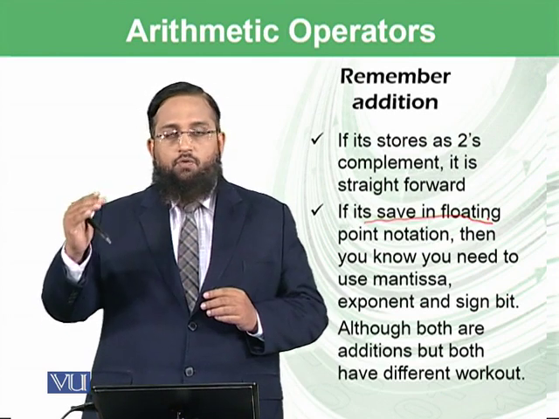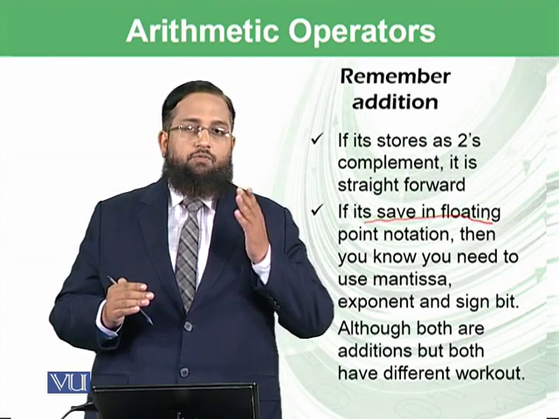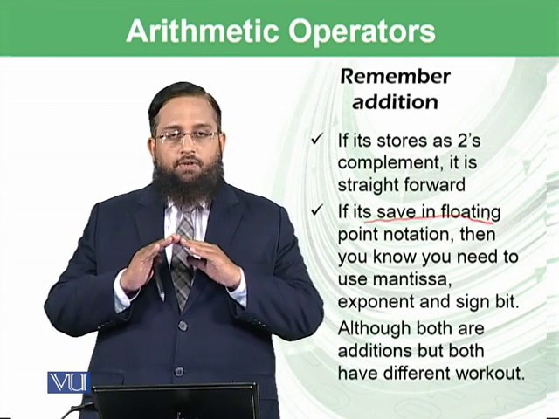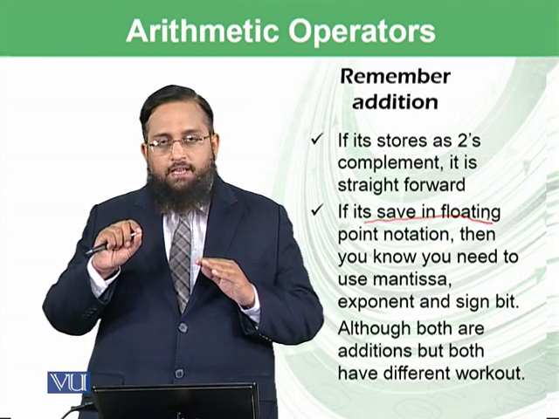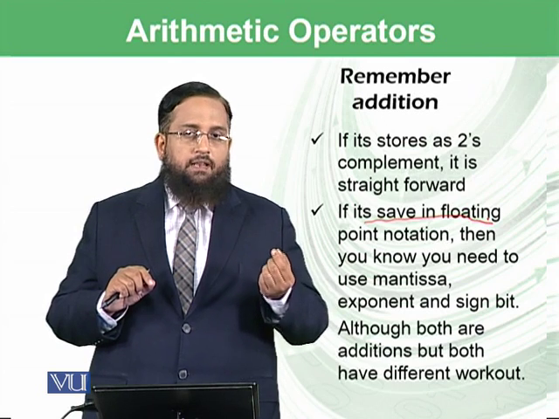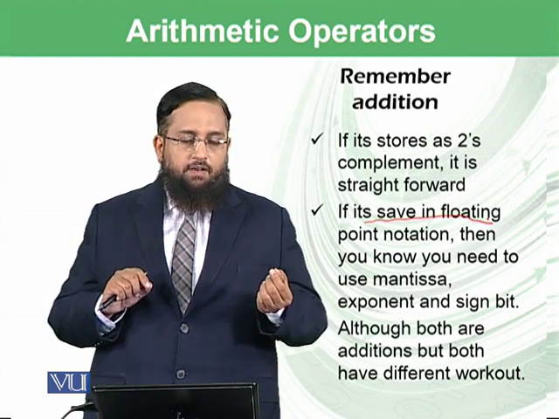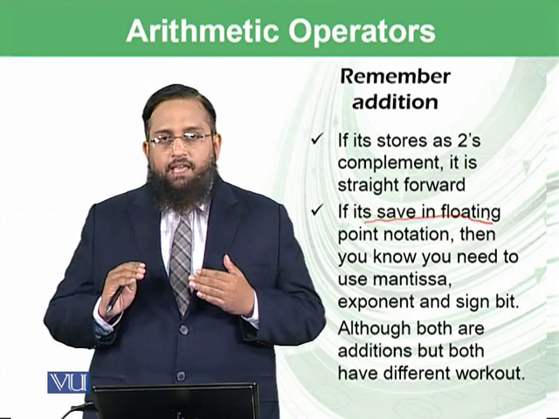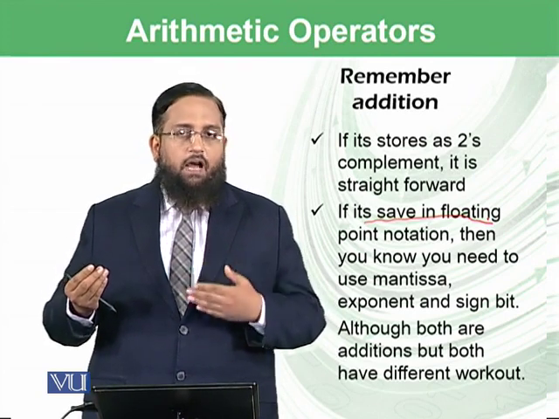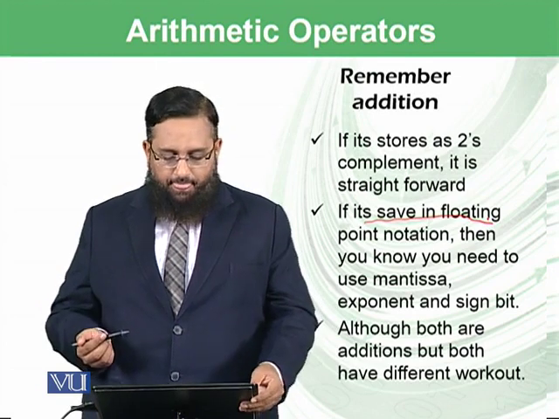First you need to extract the mantissa, then you need to see the exponent, and based on the exponent field you need to move the radix point or the decimal point within the number, and then you need to see whether the number is positive or negative using the sign bit. So in such a case, the addition would be totally different. It also depends on how the values have been saved.